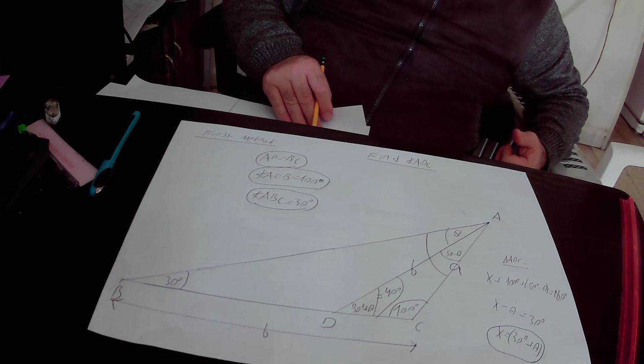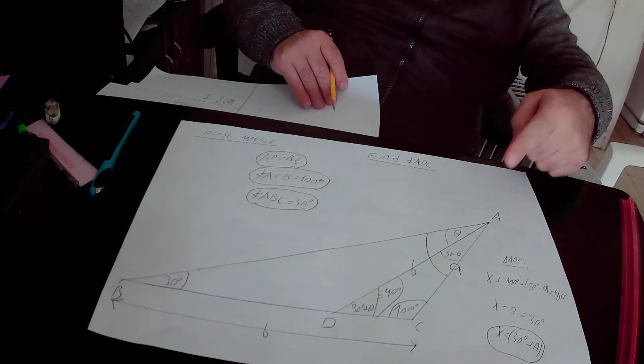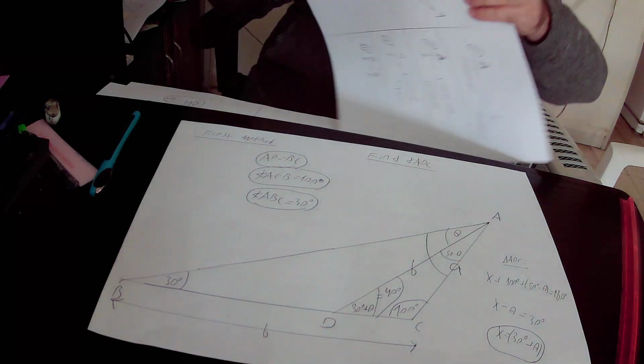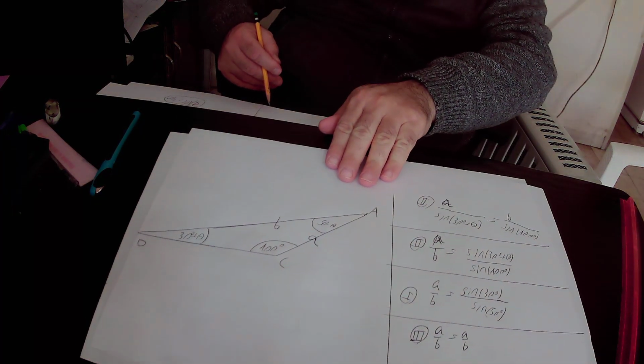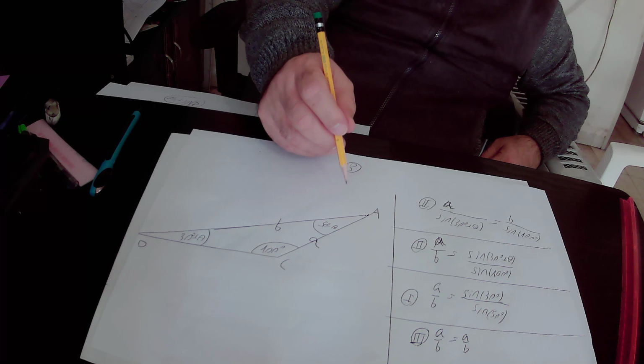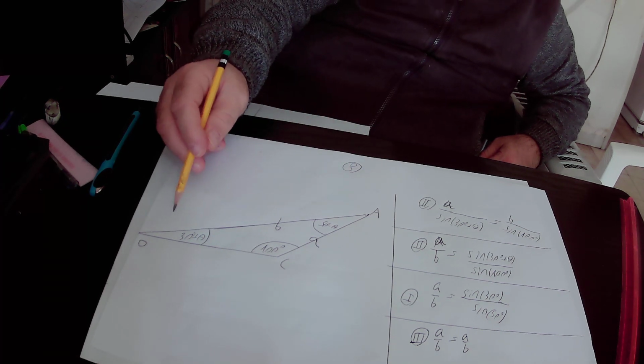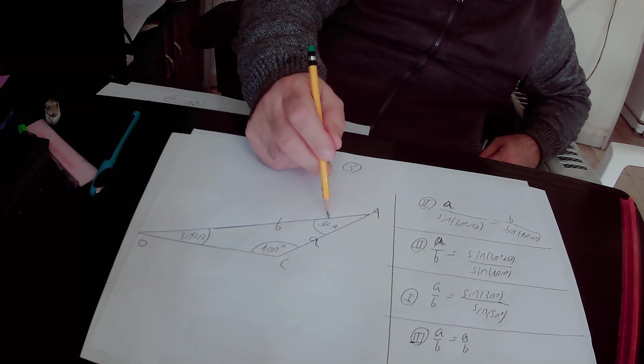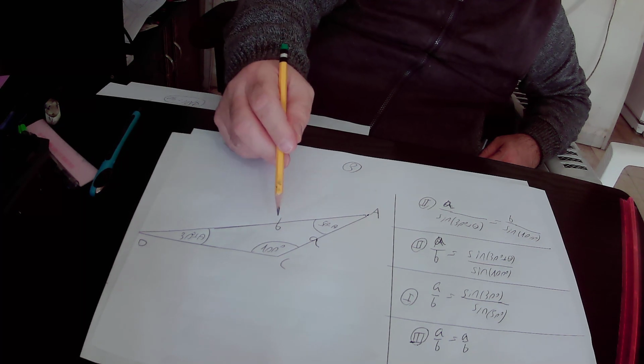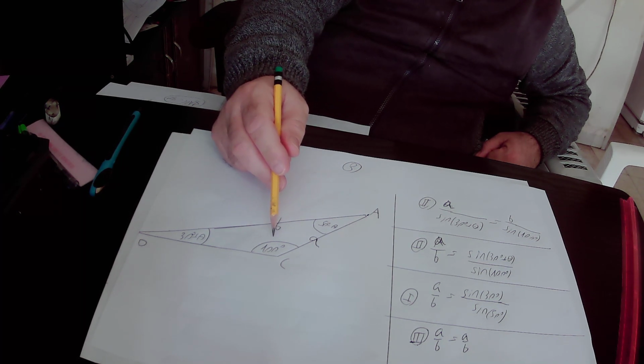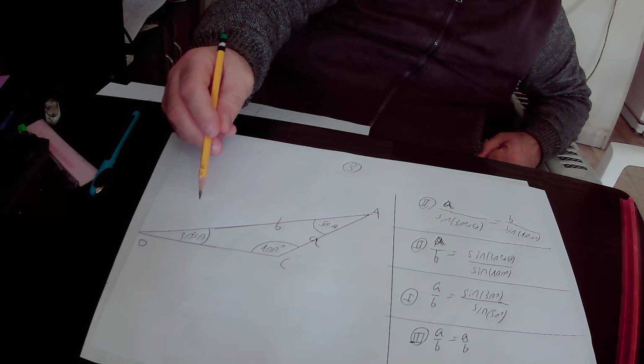So I copied triangle DAC in a new page. In this page, we have already found out that angle DAC equals 50 degrees minus theta, and this angle equals 100 degrees, it is given us in the question.